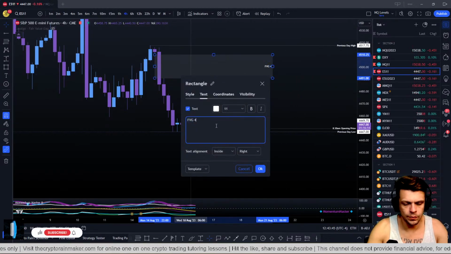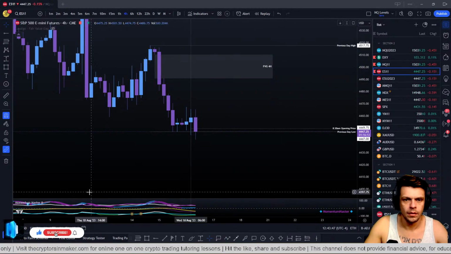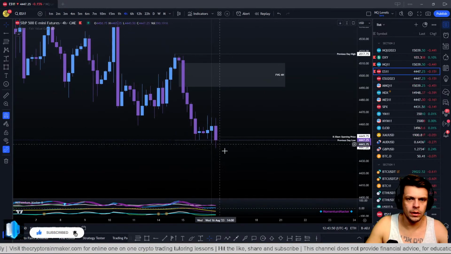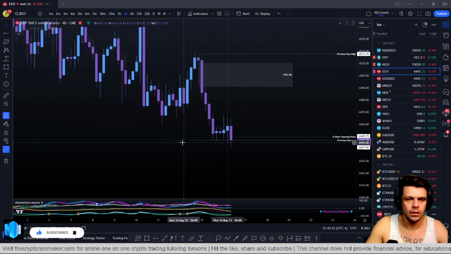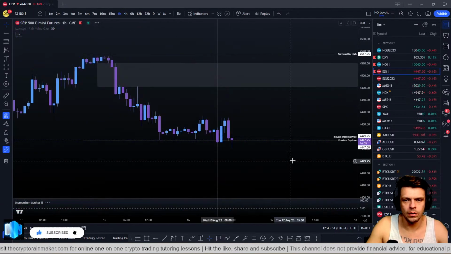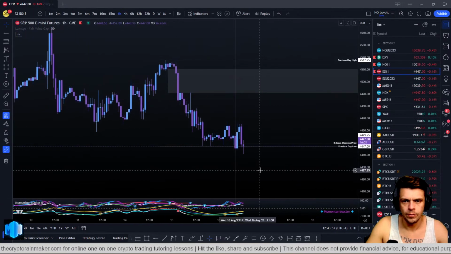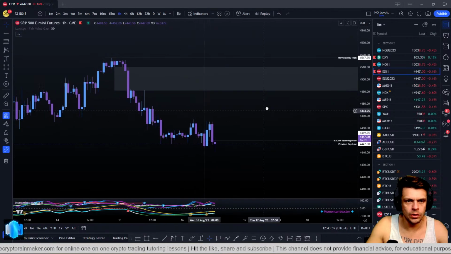Let's mark this as 4-hour. Considering we took out the liquidity below the sell side liquidity, we have some relative equal highs right there as well.